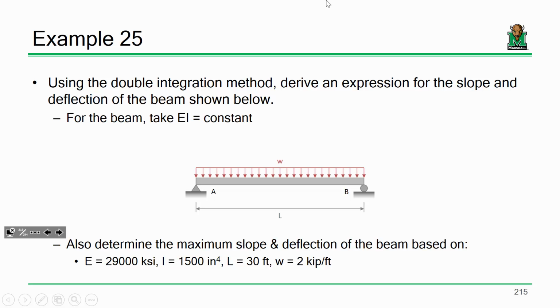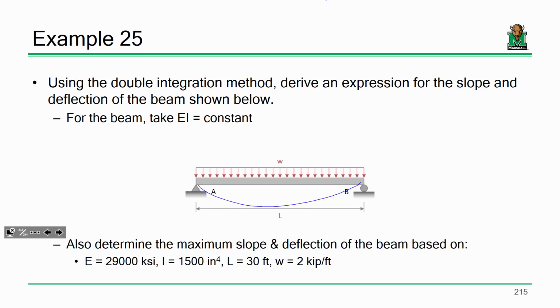Just so we're all clear and paying attention, I propose that the beam deflection looks something like that, right? My arc's off a little bit, but bear with me. So let's talk about a couple things. Number one, what are my boundary conditions going to be?